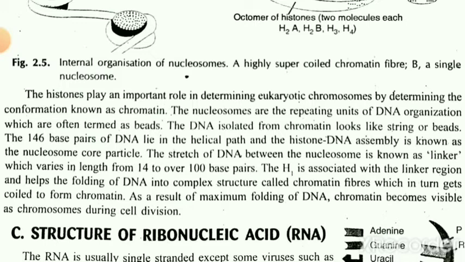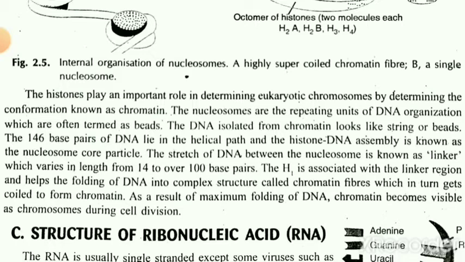The stretch of DNA between nucleosomes is known as linker, which varies in length from 14 to over 100 base pairs. The H1 is associated with the linker region and helps the folding of DNA into a complex structure called chromatin fibers, which in turn get coiled to form chromatin. As a result of maximum folding of DNA, chromatin becomes visible as chromosomes during cell division.